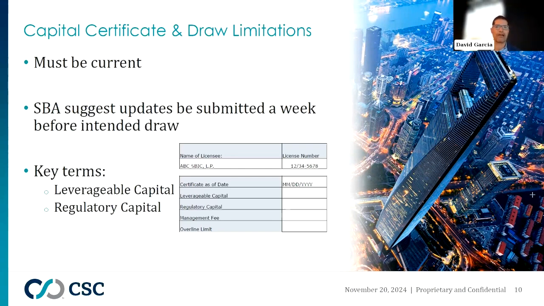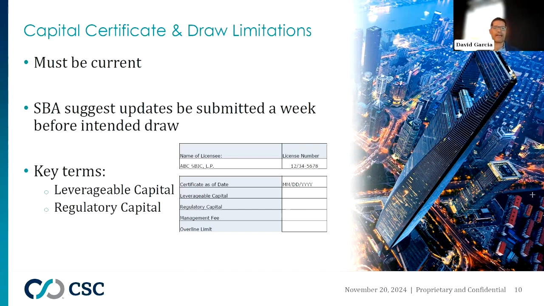So why do I mention a capital certificate? Because when you draw down leverage, they look towards a capital certificate. What are they looking at specifically? They're looking at leverageable capital and regulatory capital. Leverageable capital is cash paid in from your investors, not a receivable that you're going to get in the future, actual cash received and put into the bank.